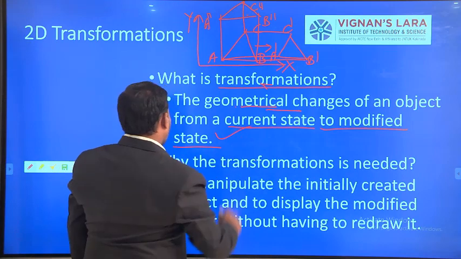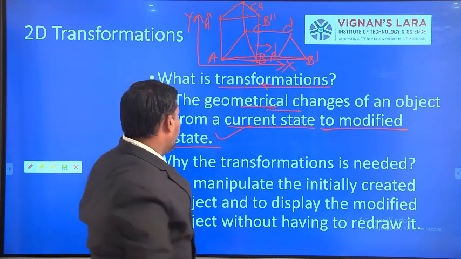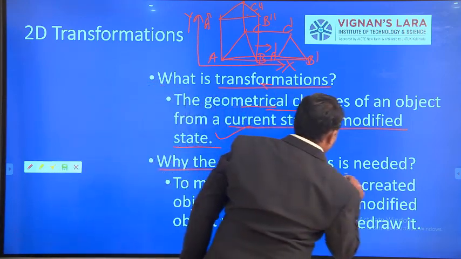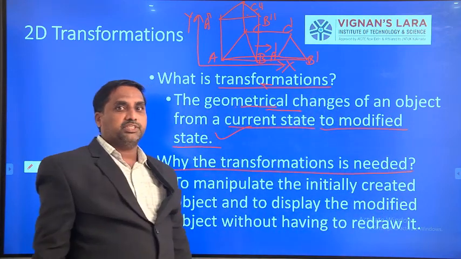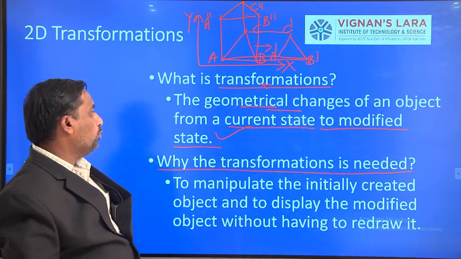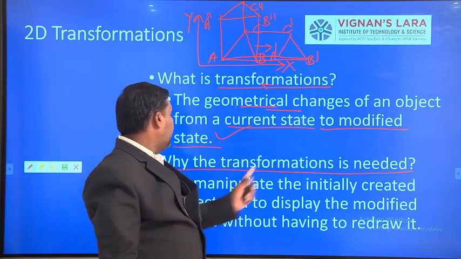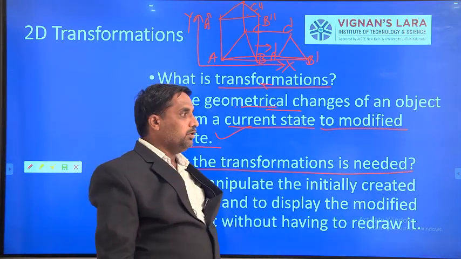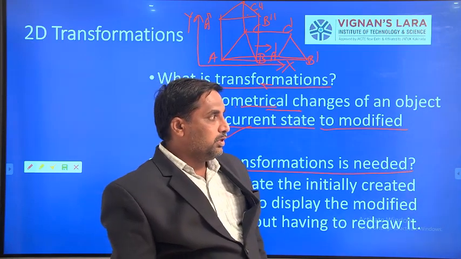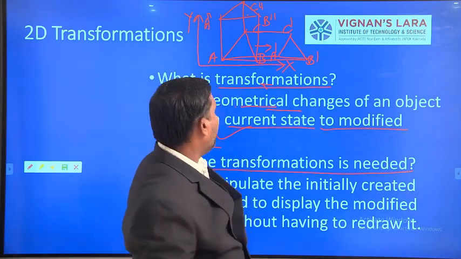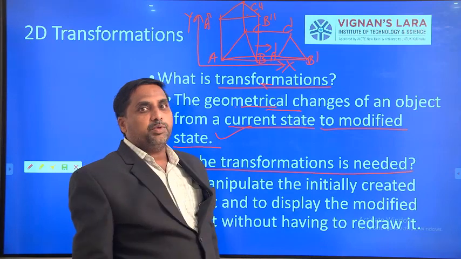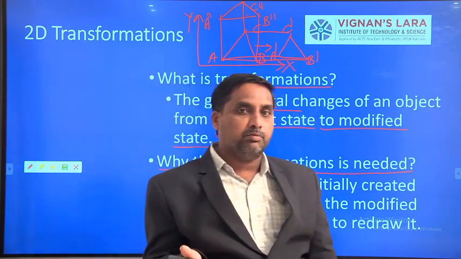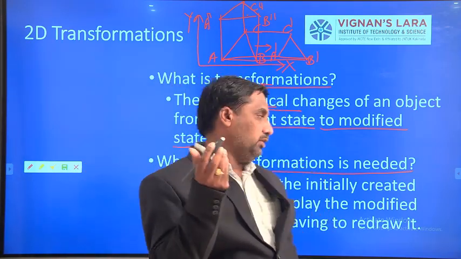Next is why transformations are needed. What is the need of transformations? It is to manipulate the initially created object and to display the modified object without having to redraw it. Suppose you want to redraw the image every time, that will take more time, and it will also cost more.